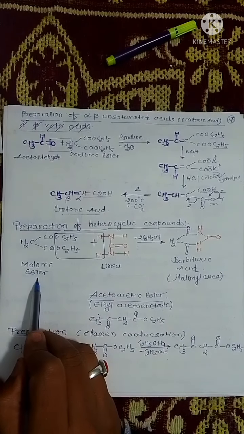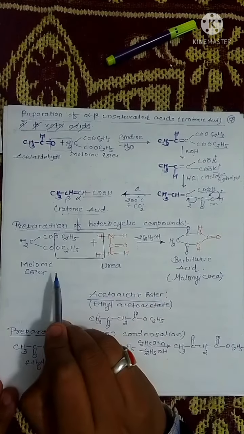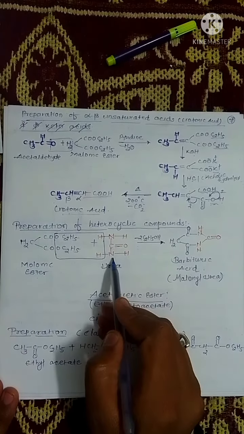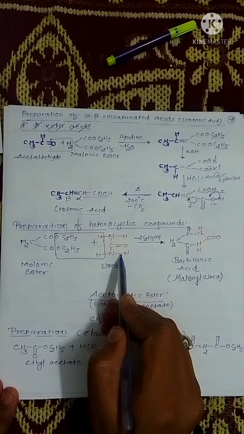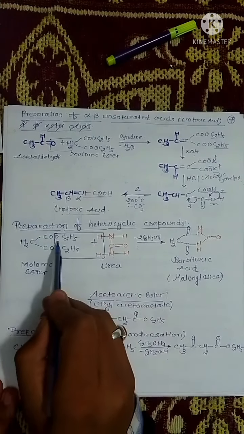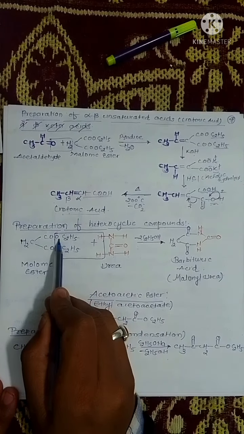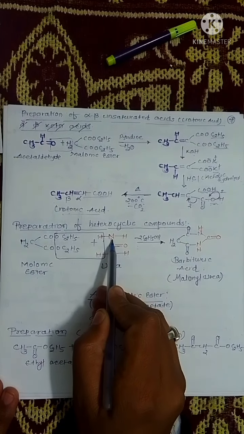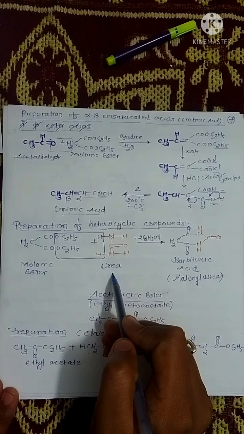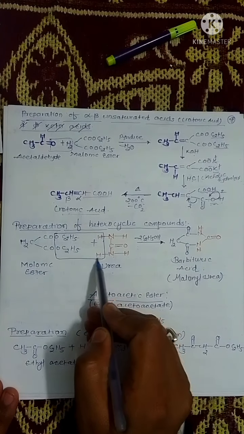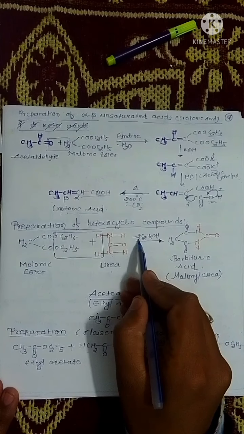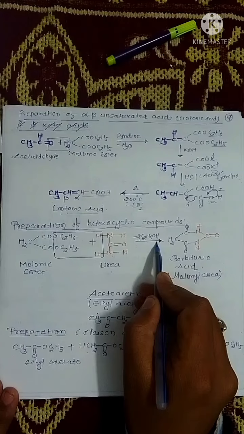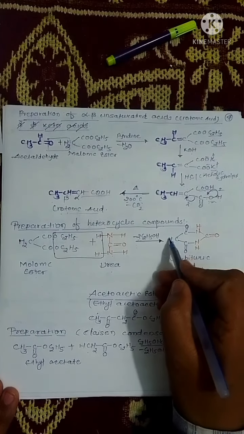When your malonic ester is reacted with urea, this is basically the formula of urea, C double bond O NH2 NH2, one of the hydrogens on the NH2 group, which is part of your urea, is reacted and 2 molecules of ethyl alcohol go out. So we come up with this structure.